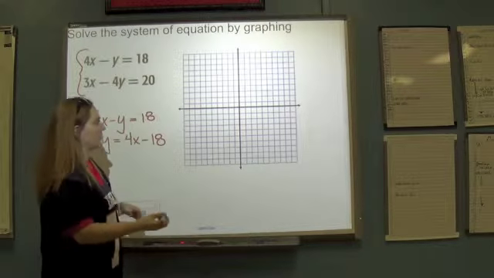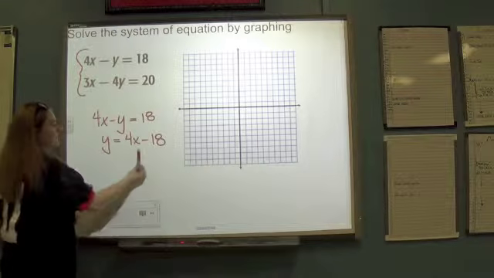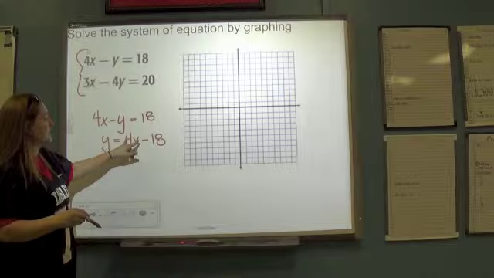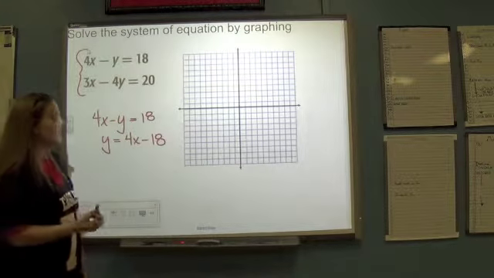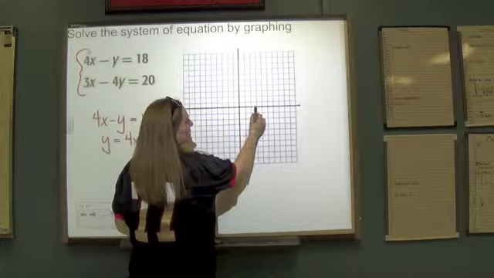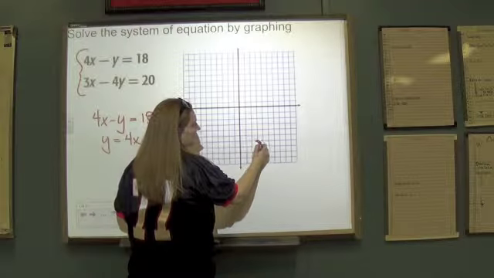Now it's going to be way down here, so what we can do is plug in numbers. If I plug in 3, I get 12 minus 18, which is negative 6. So here is 3, and negative 6.